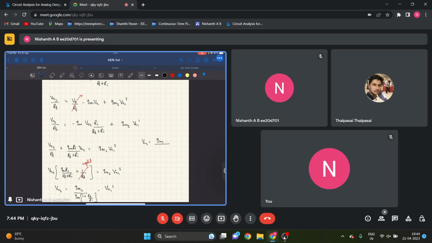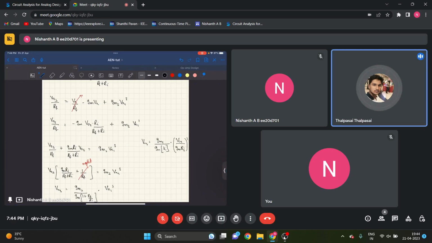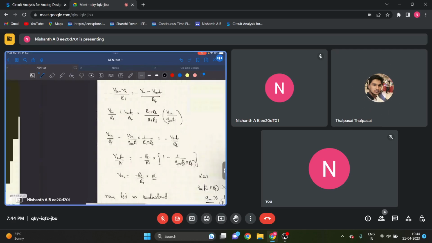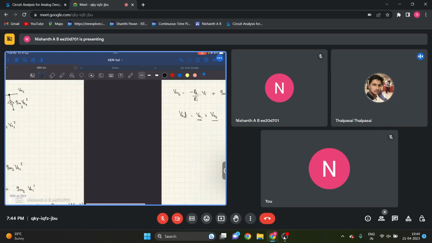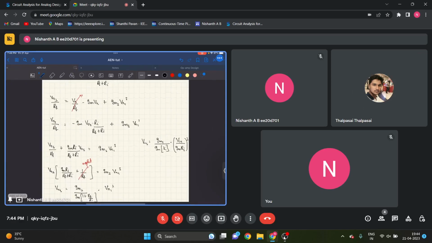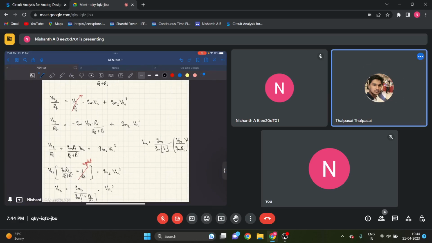So VO3 is Gm3 by Gm into some factor K into Vx1, which is Vin by Gm Ri, Rf plus Ri. Vx1 is Vin by Gm Ri, did you understand? Yes, sir.